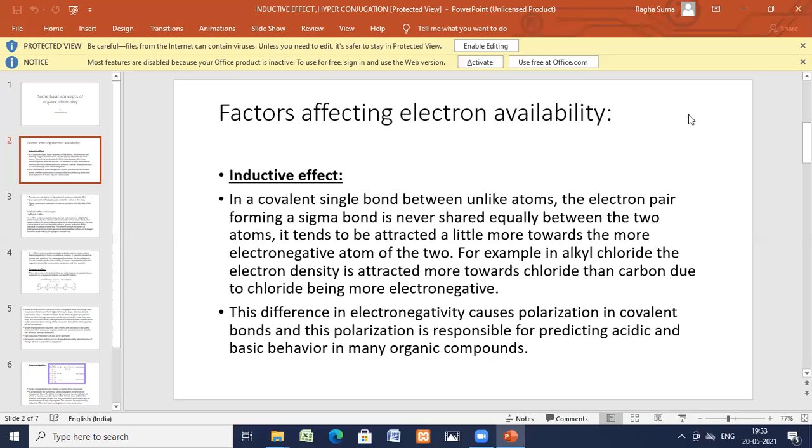Now let us see the factors affecting the electron density. As I've told you, for the HCl molecule, this may affect the reactivity of the molecule. It changes the nature of the compound which reacts with the reagent. Similarly, one more example. Before explaining the factors affecting the electron availability, we'll see the effects, inductive effect and electromeric effect, and how these govern the reactivity of molecules.